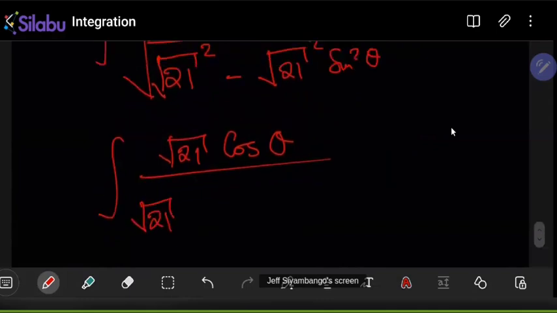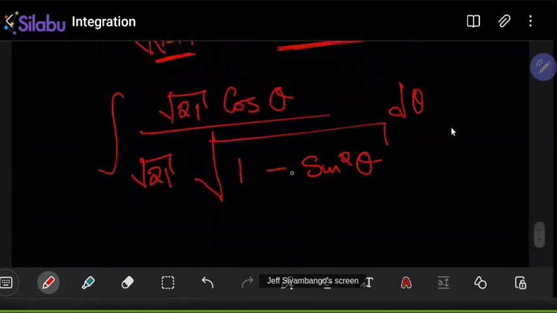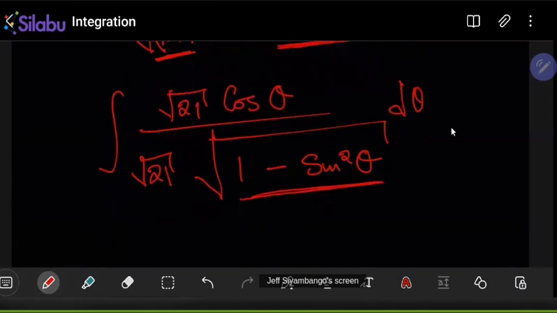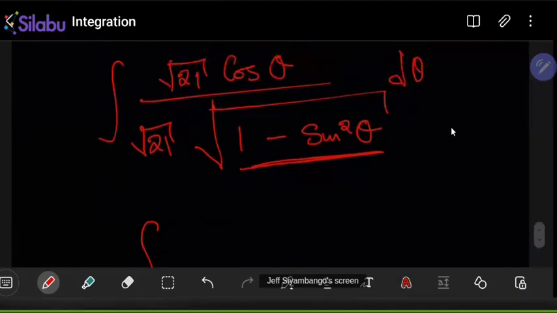And then inside the square root, we are going to remain with 1 from here, then minus sine squared theta, then d theta. And you remember that 1 minus sine squared theta is the same as cos squared. And the square root of cos squared is just cos.